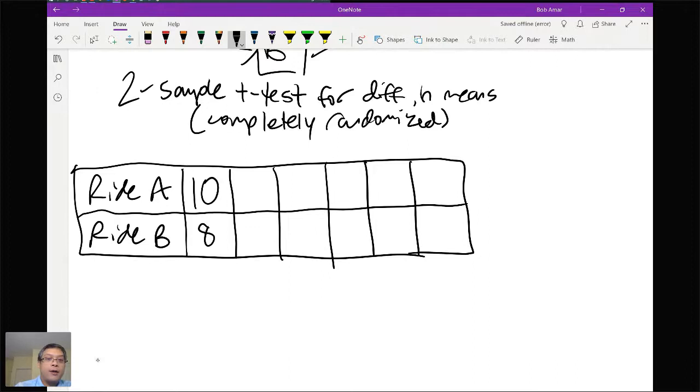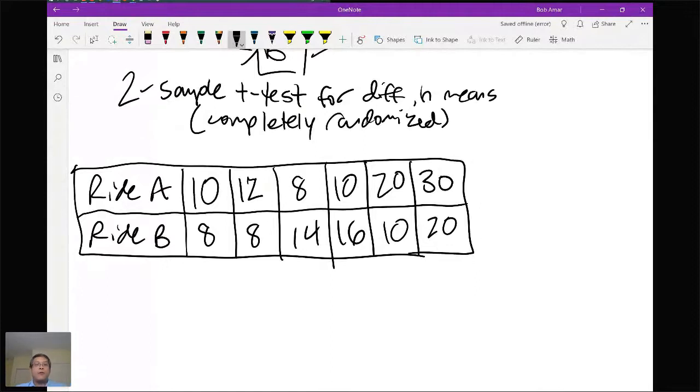Let's say that you collect this data throughout the day at different randomly selected times.